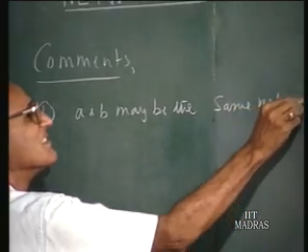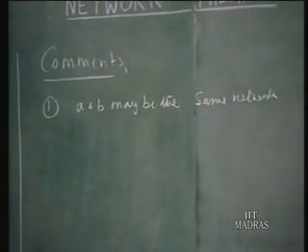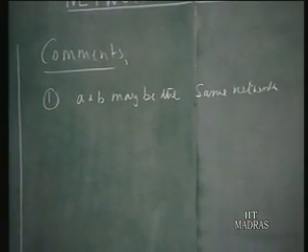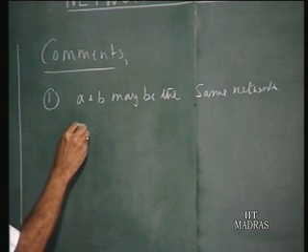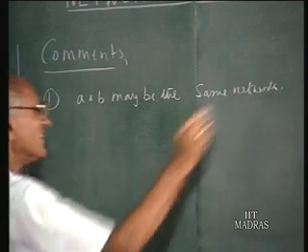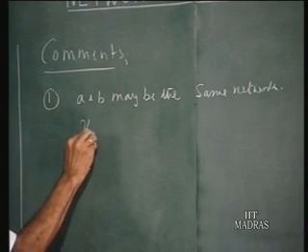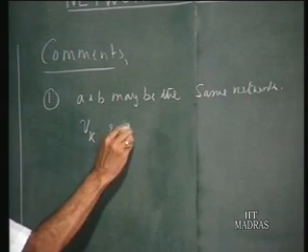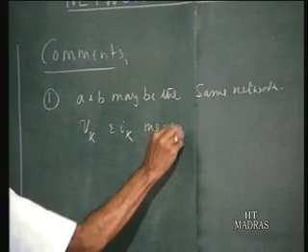That means we are applying this theorem to the same network, the currents and voltages in the same network, with Vk and Ik measured at the same instant.